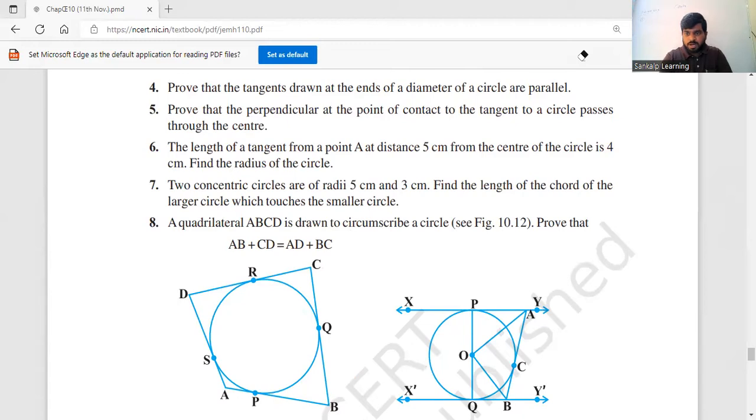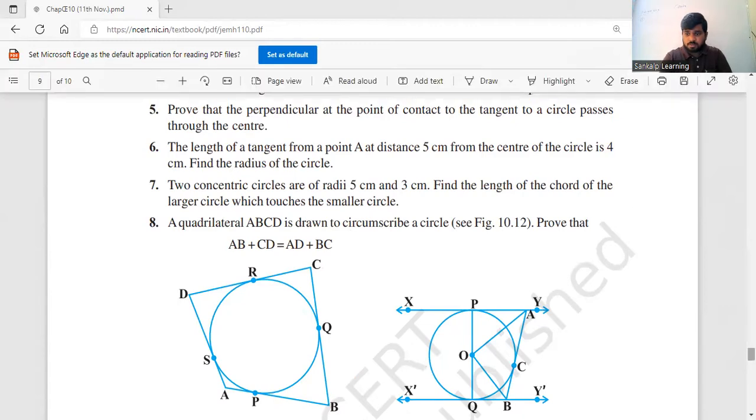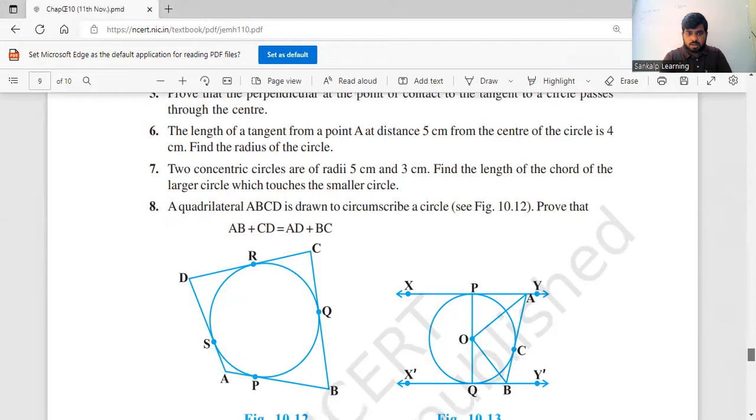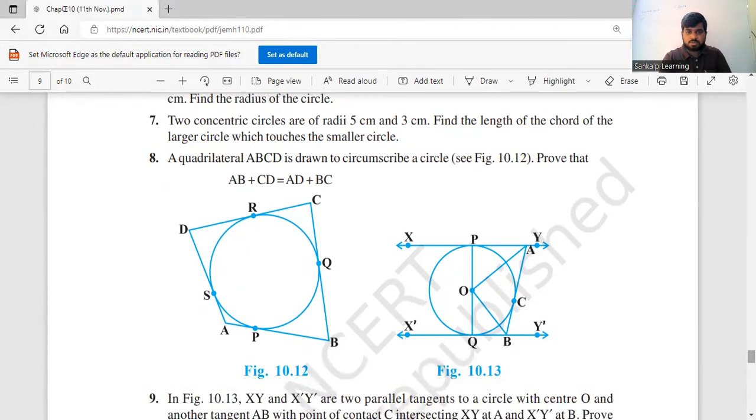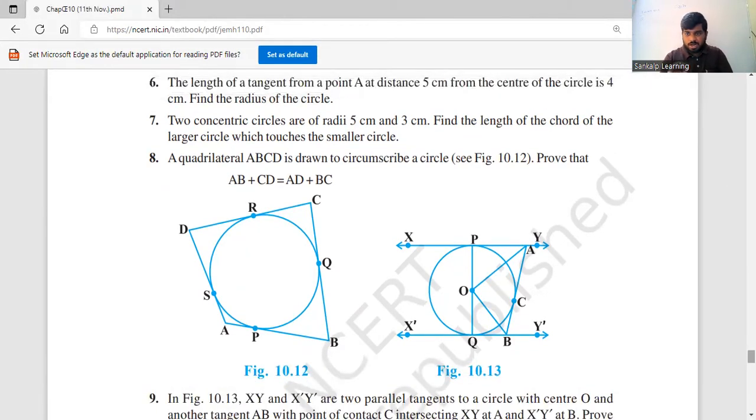Here we have got a quadrilateral circumscribing a circle. What does that mean? What is a quadrilateral? A 4-sided closed figure, right? If a circle touches all the 4 sides of a quadrilateral, can you see it? It is touching all the 4 sides.